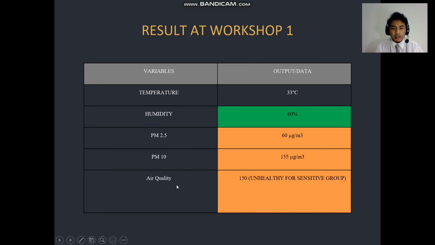And the air quality is 150. Overall, this result is acceptable because the PM 2.5 and PM 10 are moderate, which will not cause hazard to our health.